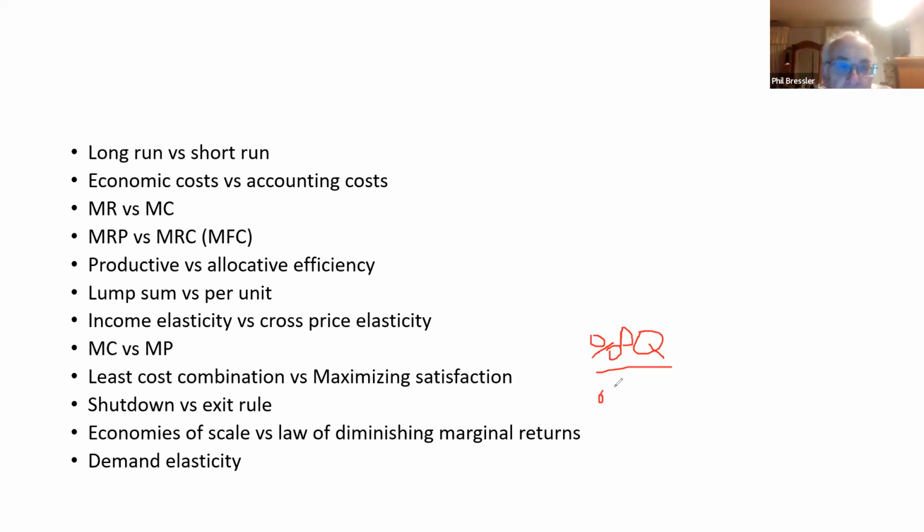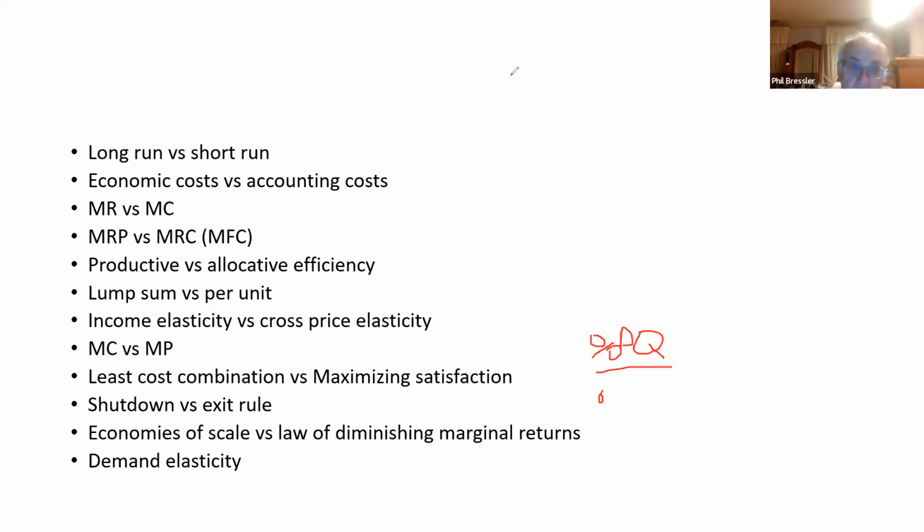A positive number is going to be a normal good. A negative number is going to be an inferior good. A normal good, all that means is income up, demand up. Income down, demand down. A negative number is an inferior good, and all that means is income up, demand down.